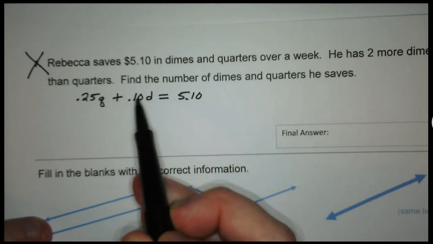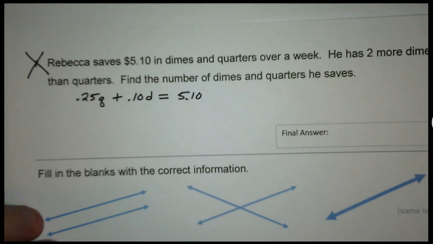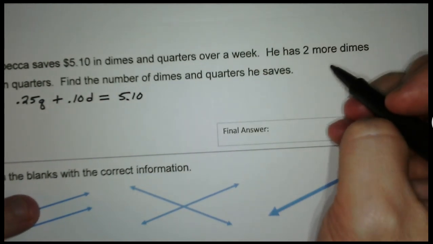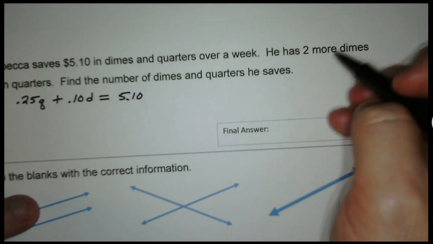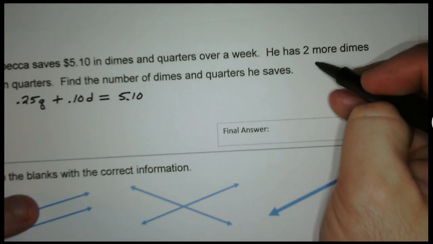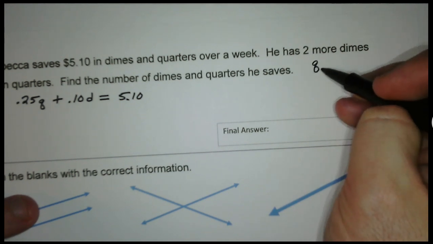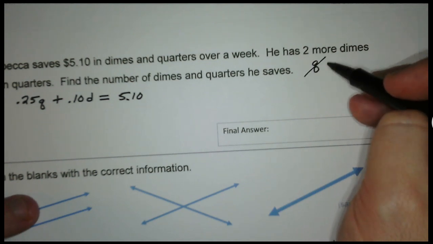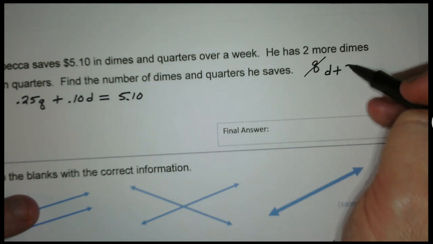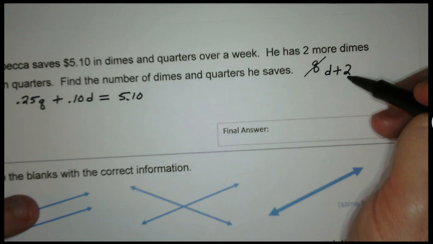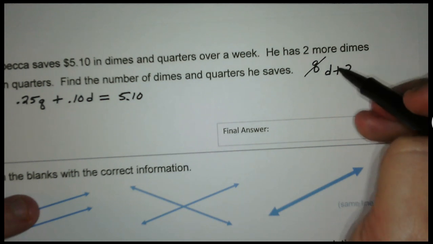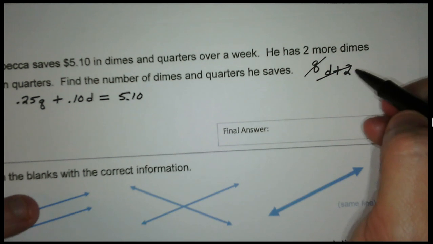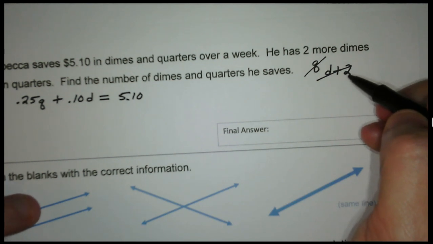Can't solve this equation since there's two different letters, but since we know that there's 2 more dimes than there are quarters, that means that the Q variable, instead of just saying Q, you could say number of dimes plus 2. Okay, actually that's backwards, I think. It's a little embarrassing, but I knew something was weird about that. It's tough when I'm on a roll.